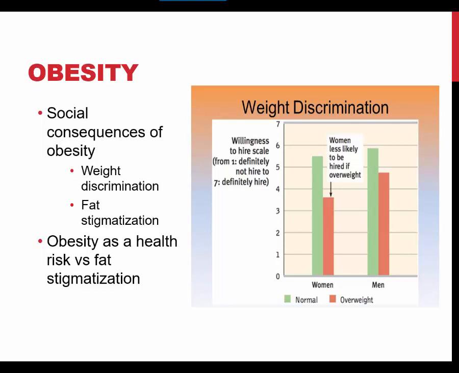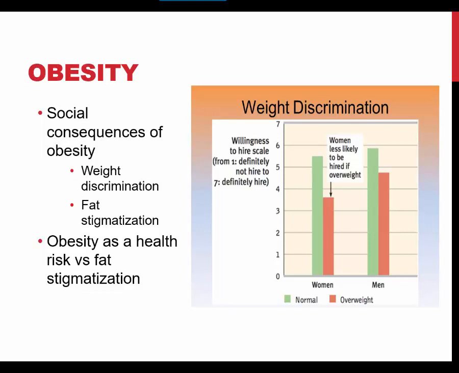But then there are certainly social consequences of obesity as well. We know from research that people that are overweight and obese are more likely to experience weight discrimination, which can lead to people being less likely to hire them or promote them. This is especially true for women, even more so than men. So there is this link between being obese and unemployed or underemployed.